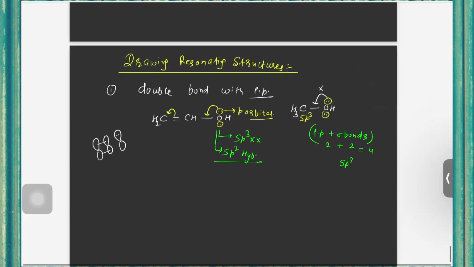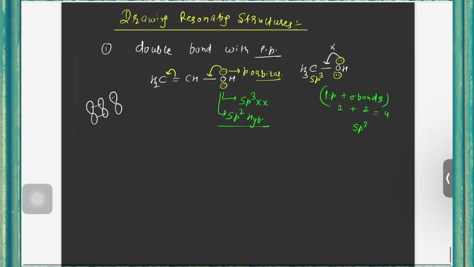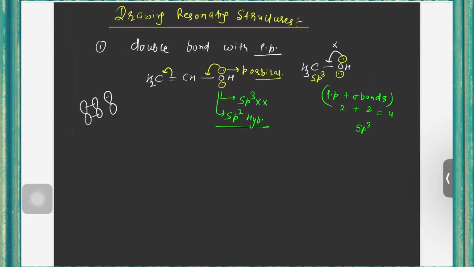So when you see the difference, I am making things easier now. When there is no resonance, you just count in that way. When you have resonance, and you are getting the answer as sp3, you just do -1. That means sp2 is the answer.